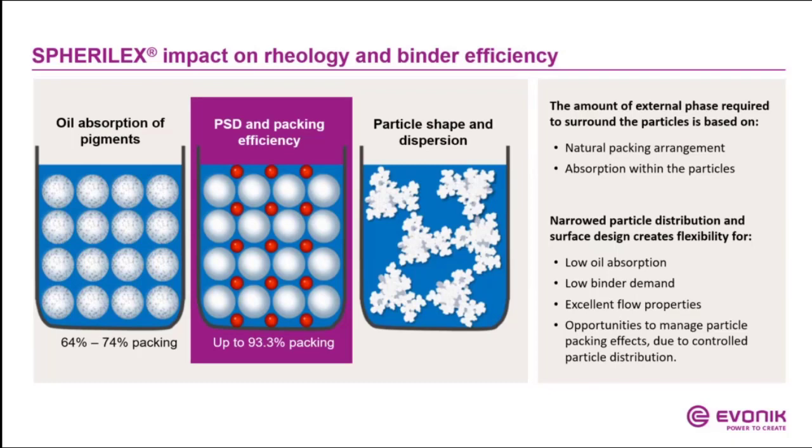And here you can achieve a very high packing of your formulation. This narrow particle size distribution and the surface design creates flexibility for low oil absorption, low binder demand, excellent flow properties, and the opportunities to manage particle packing effects due to controlled particle distribution.